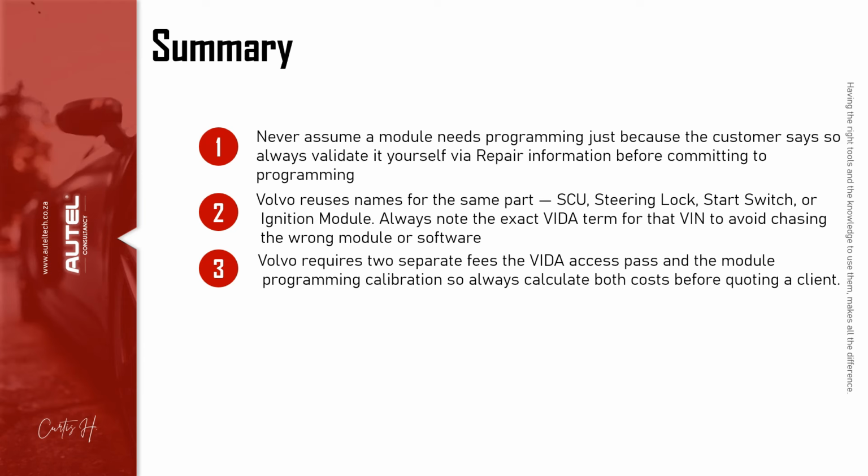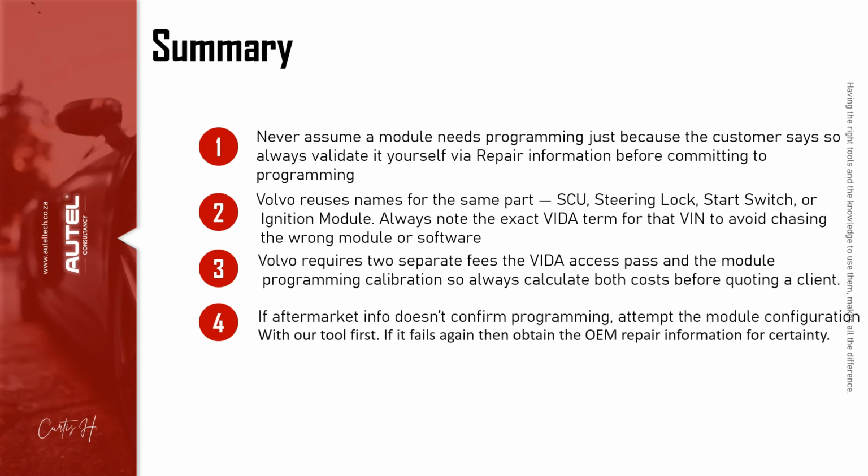Remember, there's one just to use the software, and you'll get your repair information, your diagnostics, parts information, and then to purchase the calibration file, that's going to be separate, so you always need to keep that in mind.